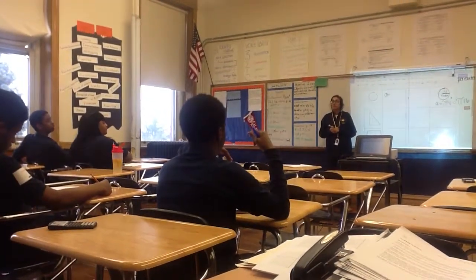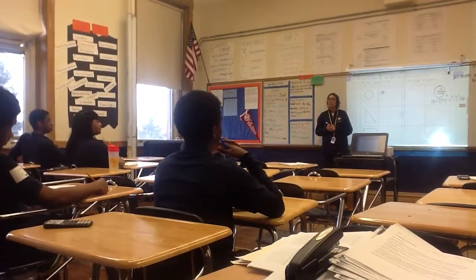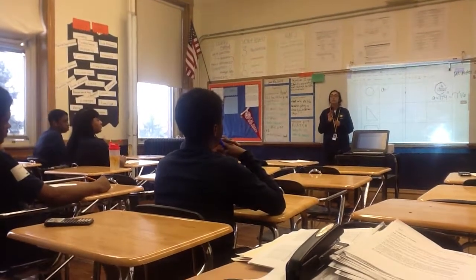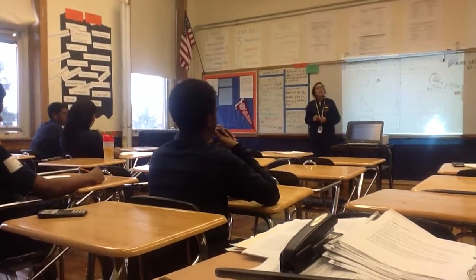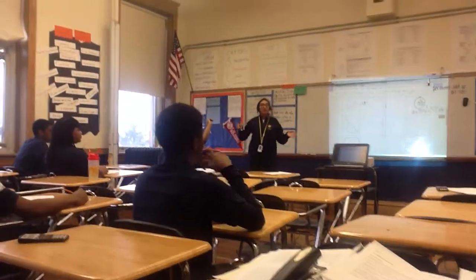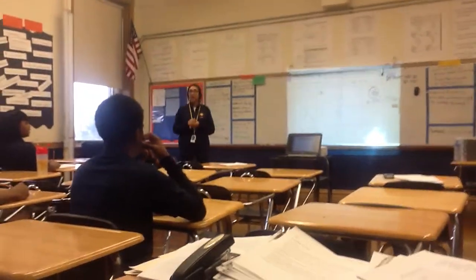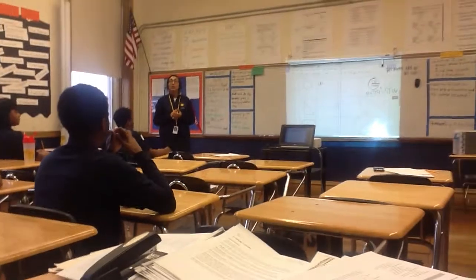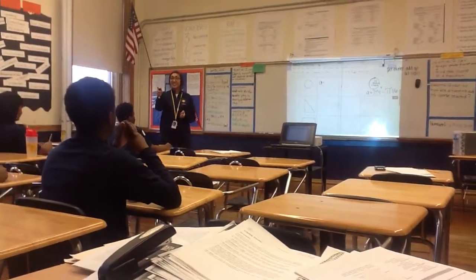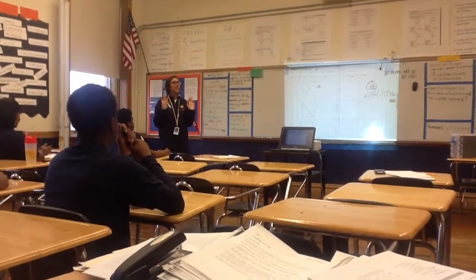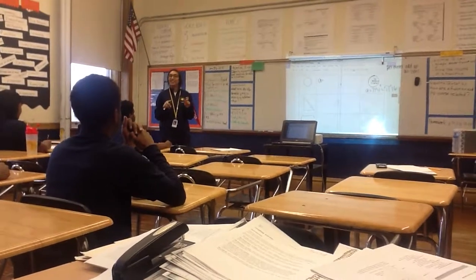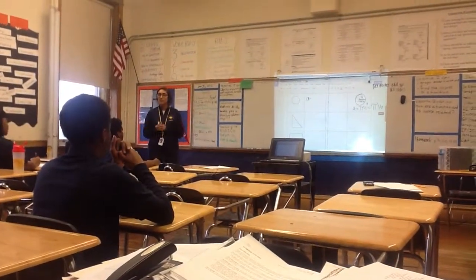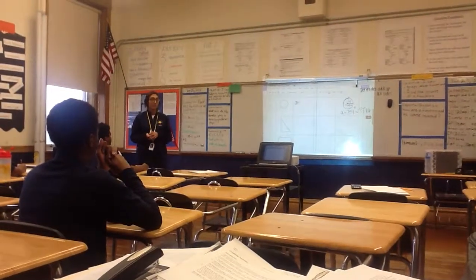The line. Okay. Who wants to jump in with what Joshua was trying to say right now? The radius. Who thinks that they can give me a variable that I can use instead of writing out the word radius? What can I use instead? R. I'm going to use R.